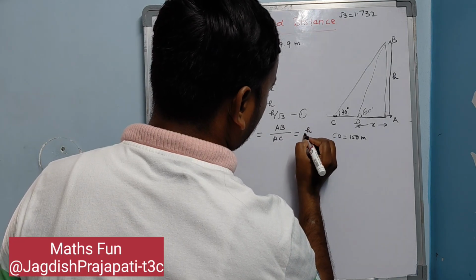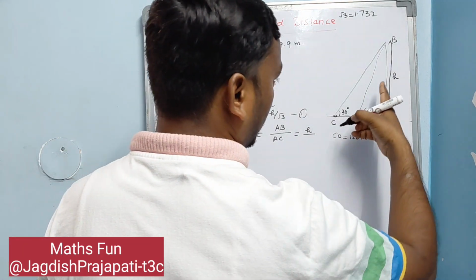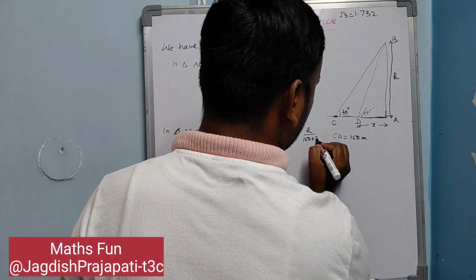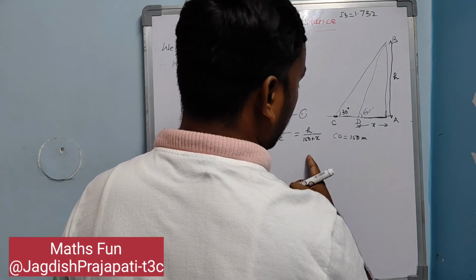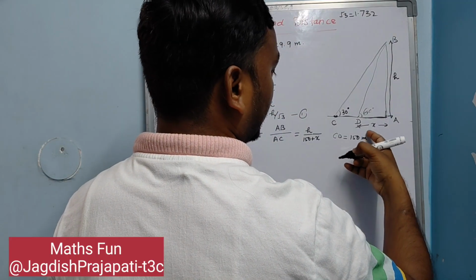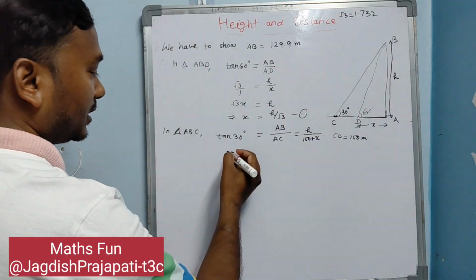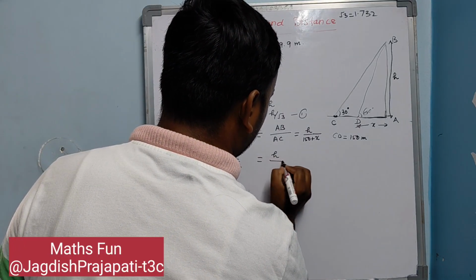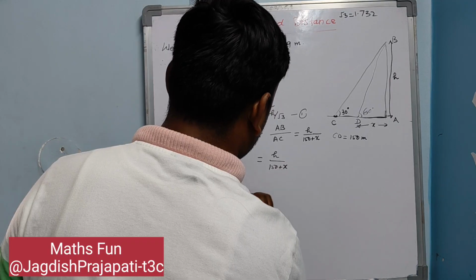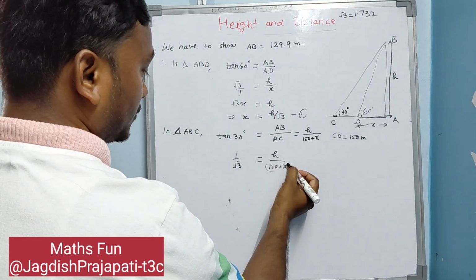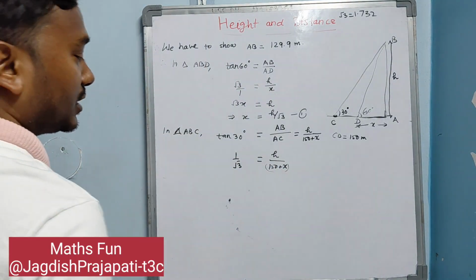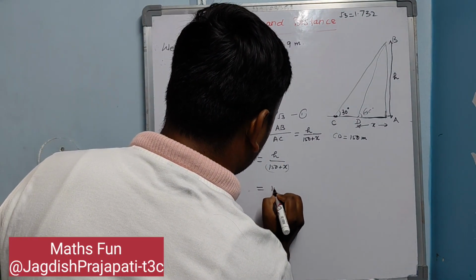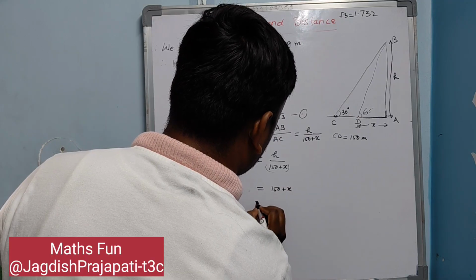AB is H as per our assumption, and AC is 150 plus X, since we supposed AD is X. Tan 30 is 1 by root 3, so 1 by root 3 equals H by 150 plus X. Now we can use cross multiplication. So this will be root 3 H equal to 150 plus X.